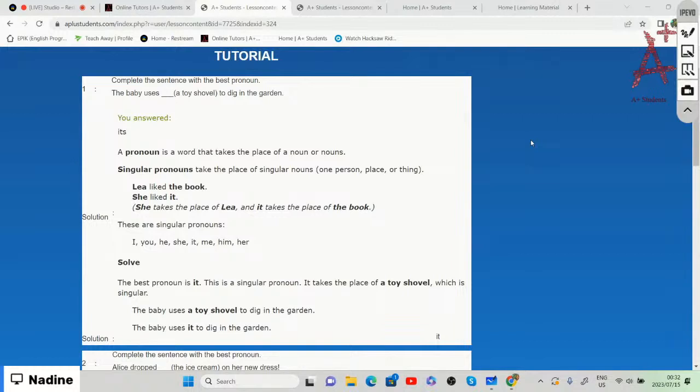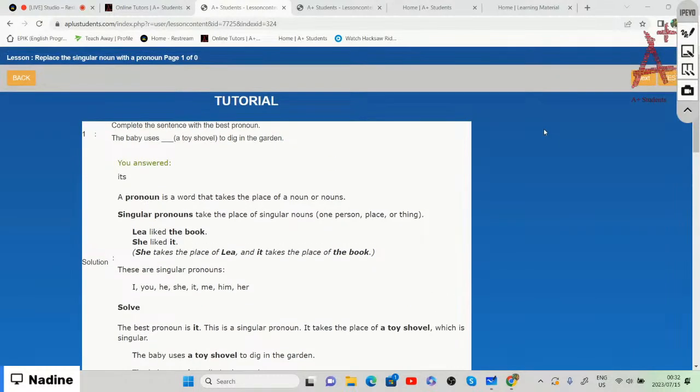And the singular pronouns are I, you, he, she, it, me, him, and her. And in this lesson, we had to replace the noun with the best pronoun. All right, let's go to our test.